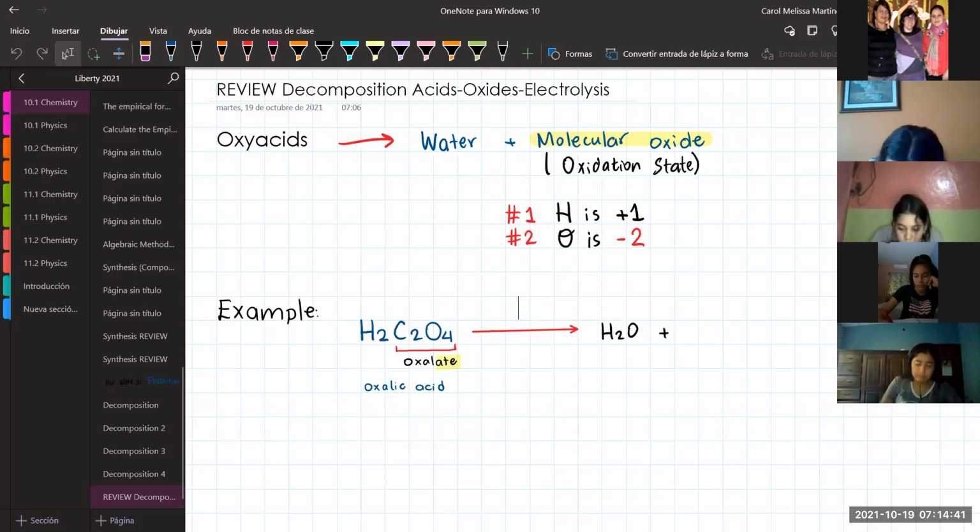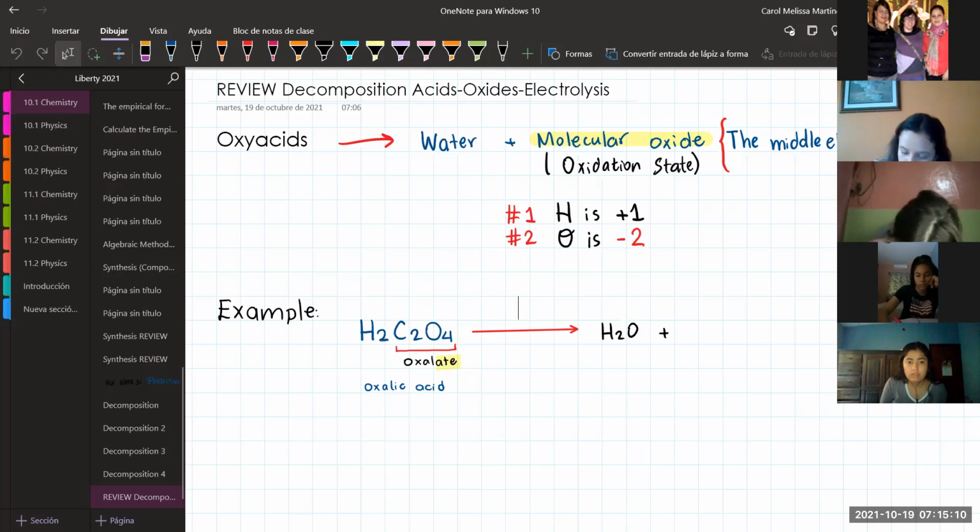Now this molecular oxide is going to be formed between the middle element and, because it says oxide, oxygen. So the combination will be between the middle element and oxygen.